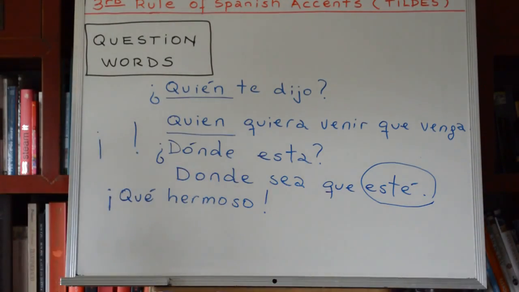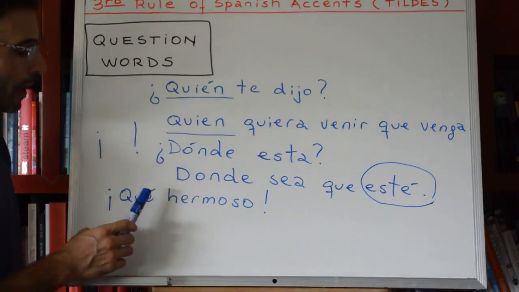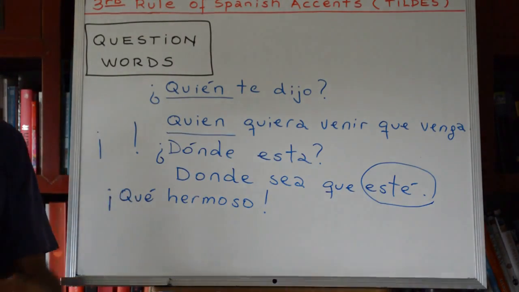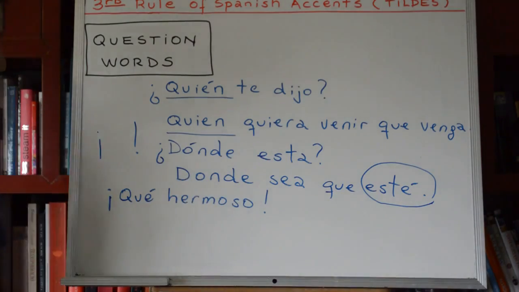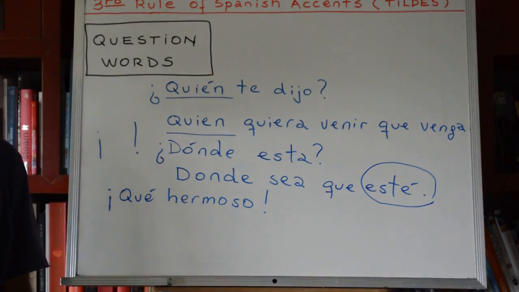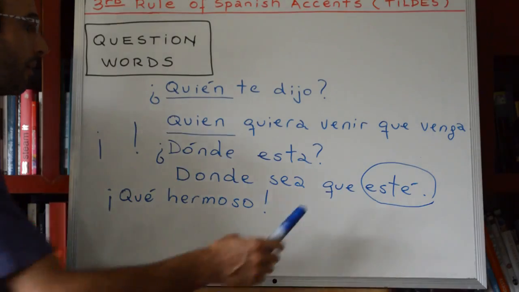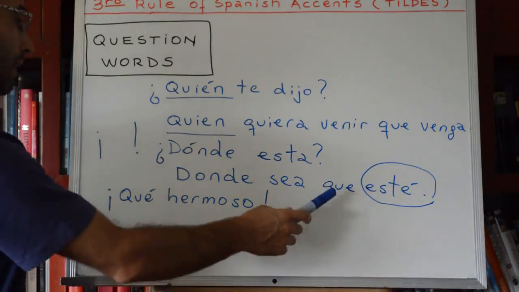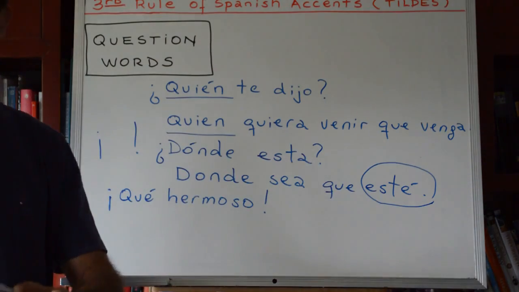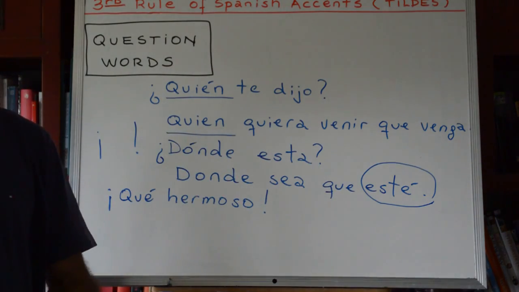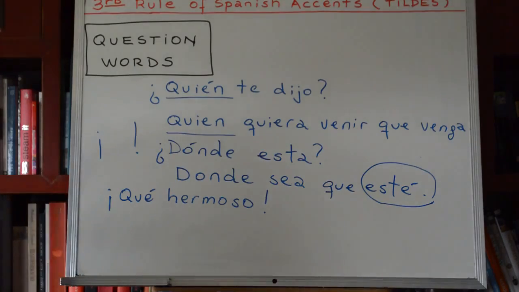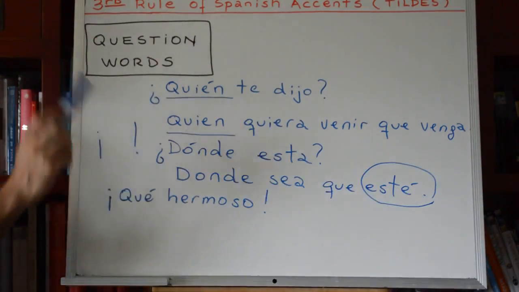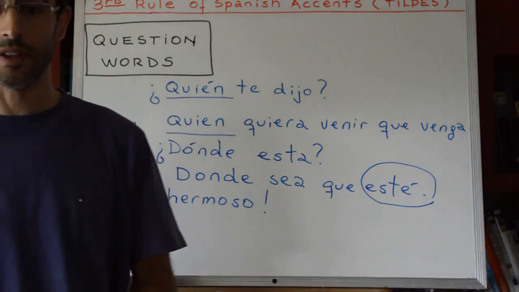Qué hermoso. Okay? The Spanish question word qué, when it is a question word or an exclamation word, it means what or how, right? Here, the word que, without the tilde, means more like the word that in English. Okay, so remember, this is the third rule of the Spanish accents or tildes.